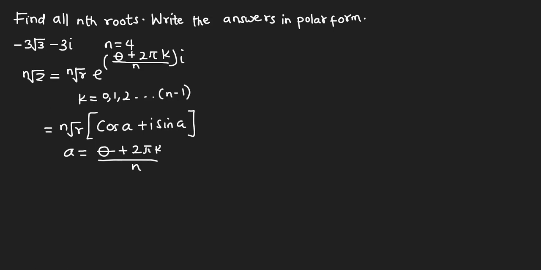This is for radians. If you are solving this in degrees, then a will be equal to theta plus 360k divided by n. This is for degrees.